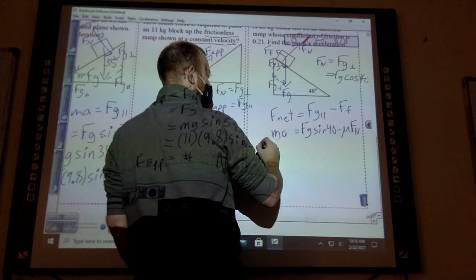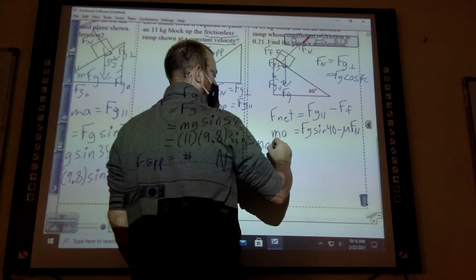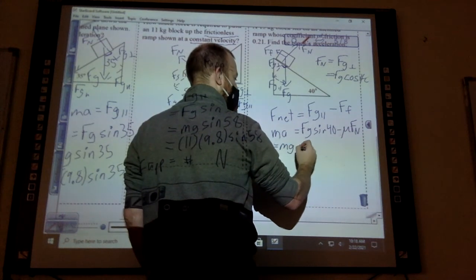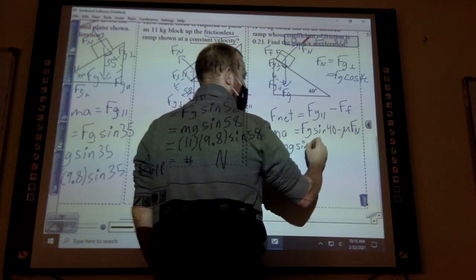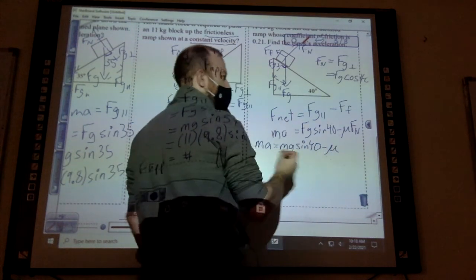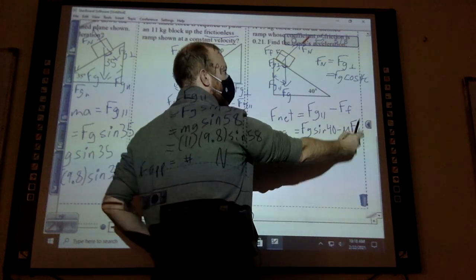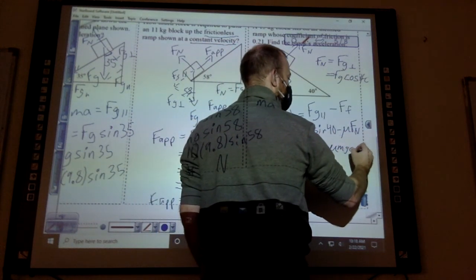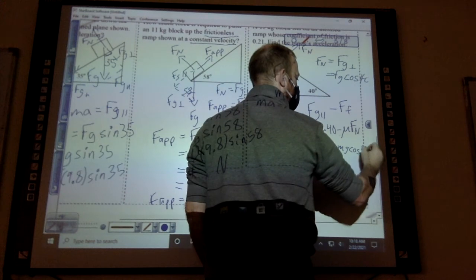But I'll now get from this: ma equals FG, which is mg sine 40, minus mu times Fn, and we just figured out Fn is FG cos 40. So mg cos 40.